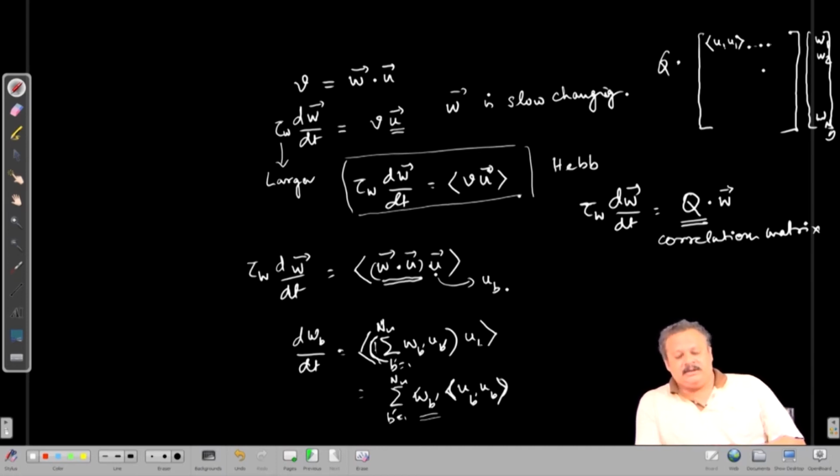So, this is a unidirectional change in weights. Given V and U are positive, it is simply not possible to have any kind of decrease in weights, and all of them will keep on increasing.